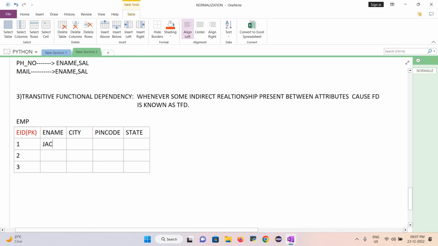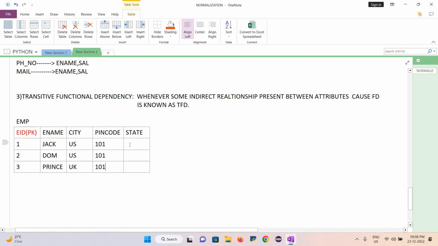I'll take Jack, Dom and Prince. So these are the persons. These persons are working in the US, and Dom's city is also US and Prince's city is UK. So the pin code is 101, 101, and this is also 101.